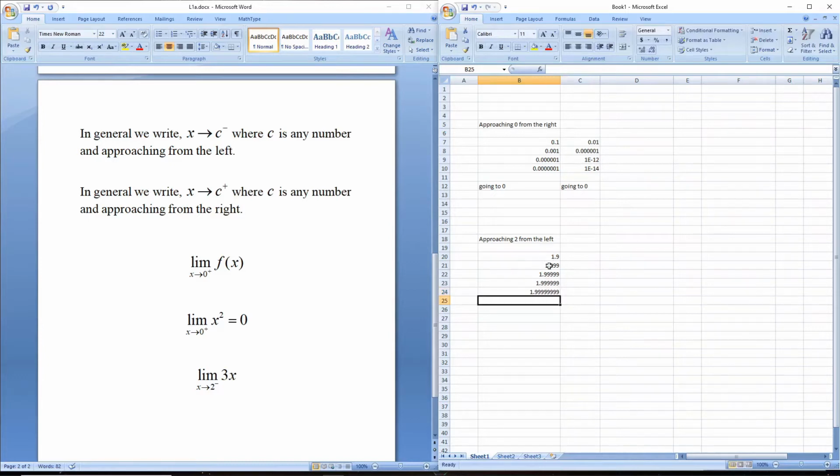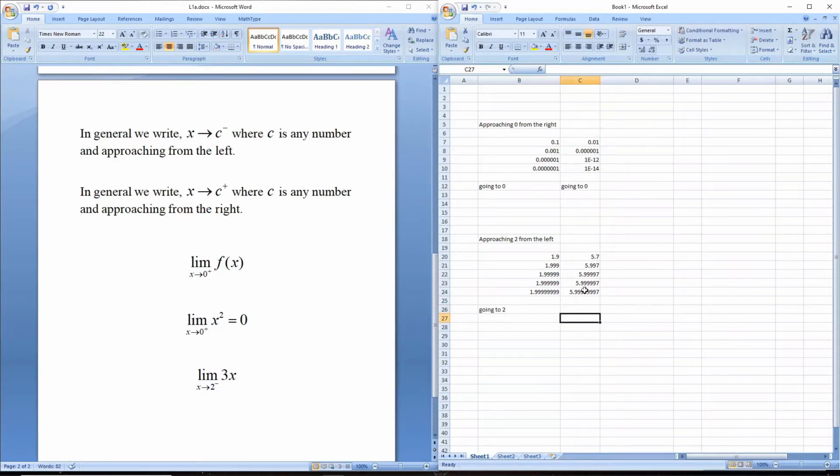Now that we've chosen some inputs, so again, this is the approaches part, we're now going to plug these inputs into the function and then simply observe what the function is doing. So we're going to do 3 times our input, and then simply observe what's happening to those outputs. We chose the inputs so that they would be going to 2.